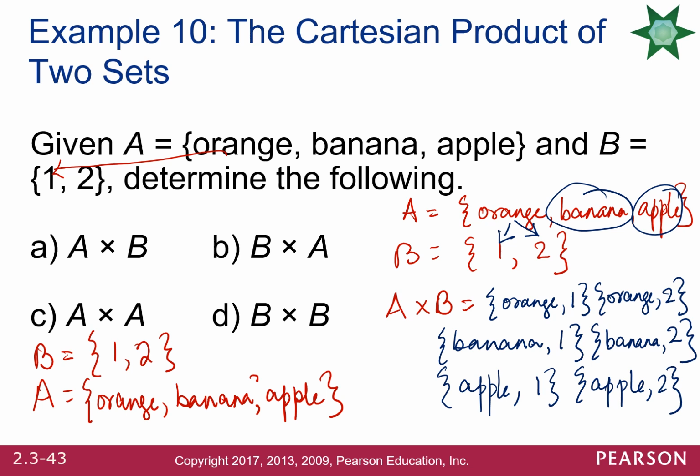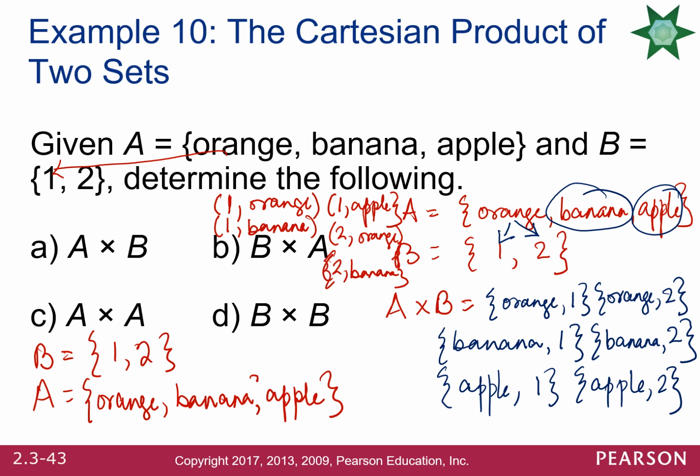So for B cross A, we would have 1 orange, 1 banana, 1 apple, and then 2 orange, 2 banana.